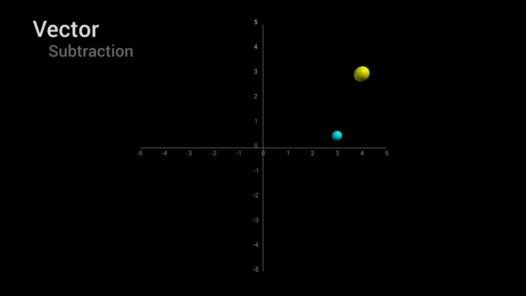And this is exactly where vector subtraction comes into the picture. We subtract the position vector of the cyan ball from the position vector of the yellow ball. This gives us a new vector, let's call it R, which points from the smaller ball toward the bigger ball. Normalize it to get the direction.